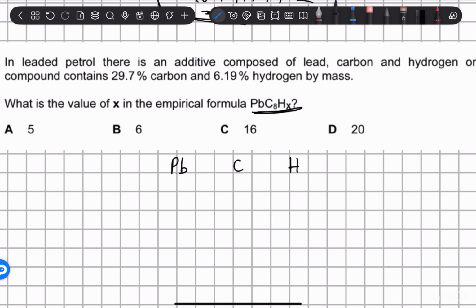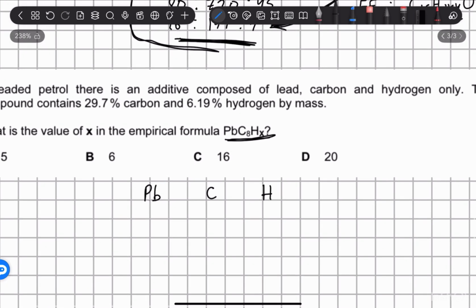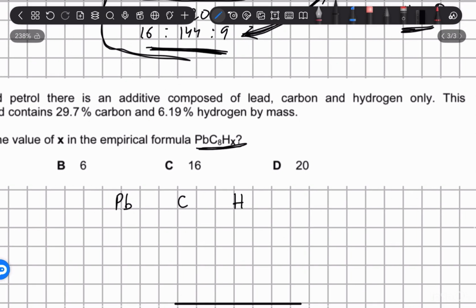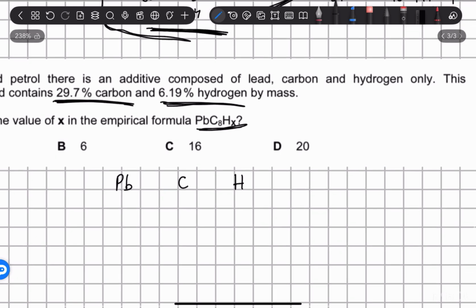First of all, you need to determine the percent of lead remaining, because the compound has only lead, carbon, and hydrogen. And we've already been given the percentage mass of hydrogen and the percentage mass of carbon. So once we know these, we're going to calculate for lead.